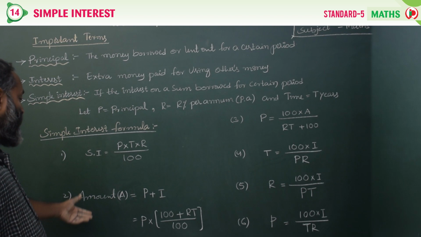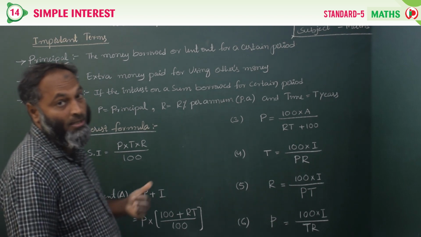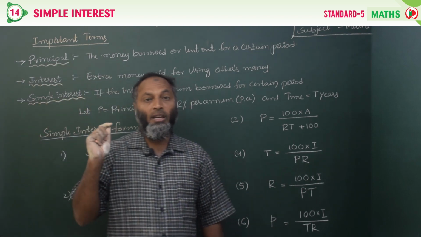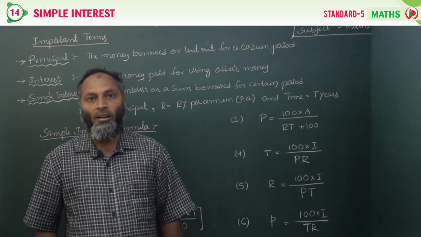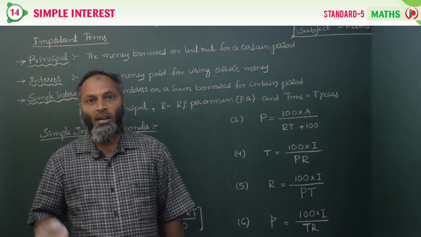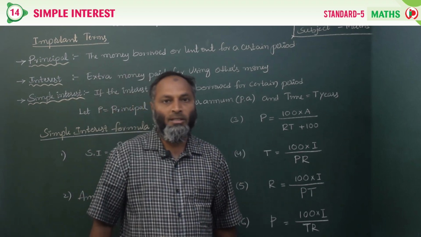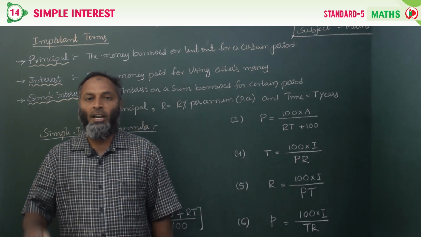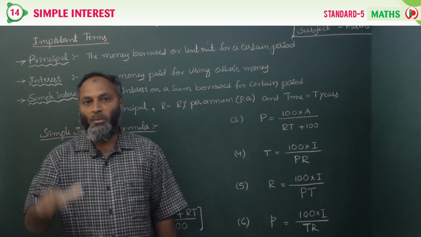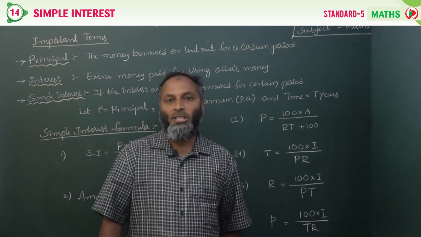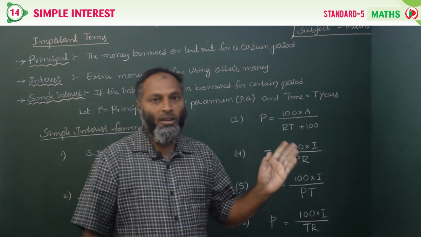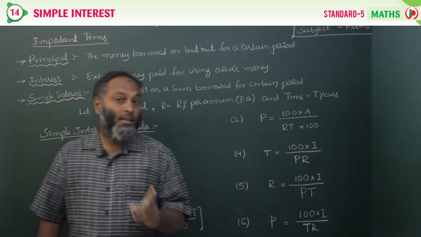Now, what is the amount? Suppose you are taking 100 rupees from your friend, and after 2-3 months you are paying 110 rupees, so 10 rupees you are paying extra. 100 rupees is the principal amount and 10 rupees is your interest. Then if you are paying 110 rupees, that is the amount.